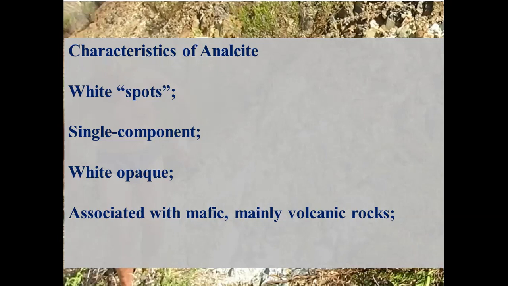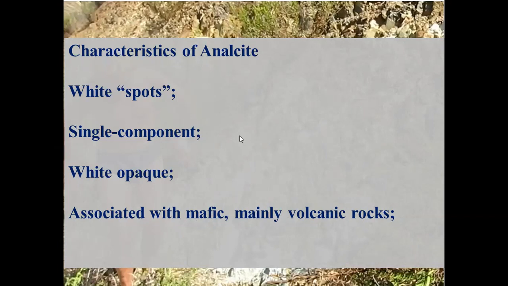One of the giveaways is that it is often associated with mafic igneous rocks, mainly volcanic, so lavas, or shallow intrusive rocks such as dikes and sills can contain analcite.